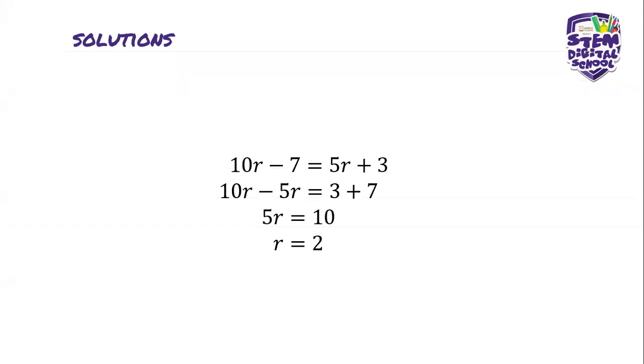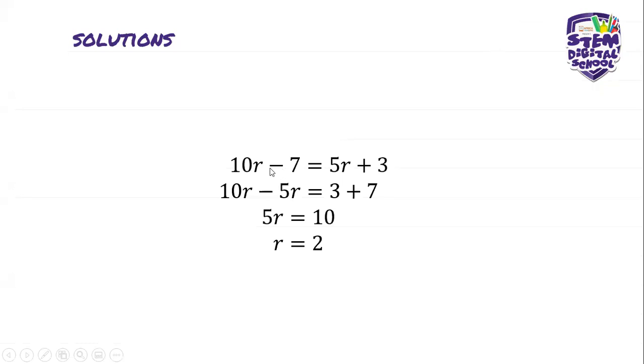And why do we say they are like terms? Because they're simply numbers. They are constants. We also call them constants because whatever happens to the equation, these numbers cannot change. In other words, they cannot be changed by the value of r. So if r is 1, -7 remains -7.